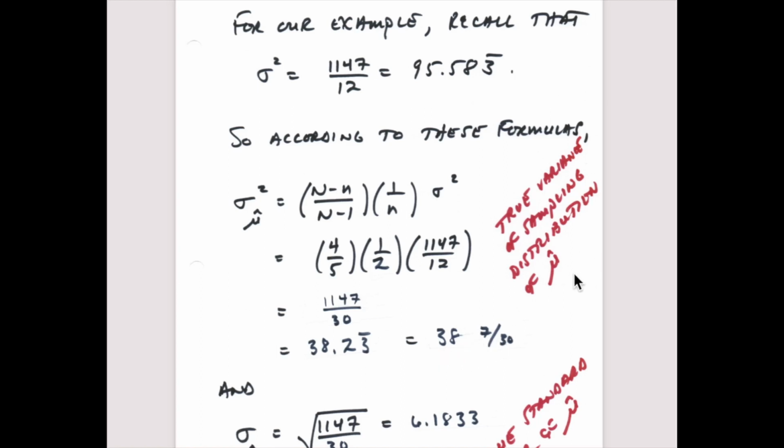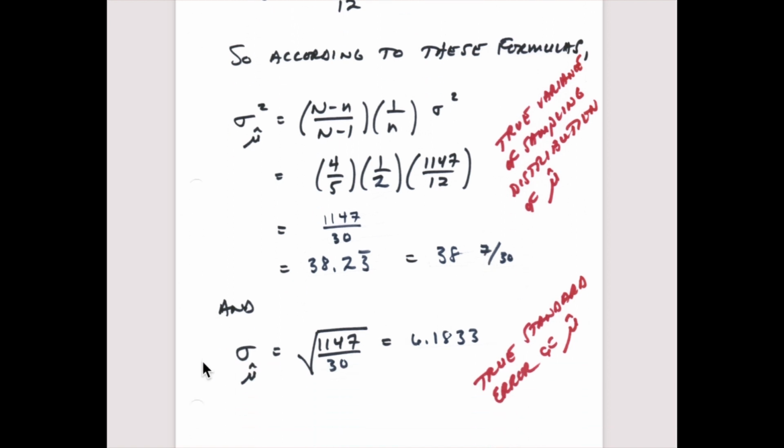So this is the true variance of the sampling distribution of mu hat. The standard error of mu hat, in other words, the standard deviation of the sampling distribution of mu hat, would be the square root of this value, and to 4 decimal places that turns out to be 6.1833.